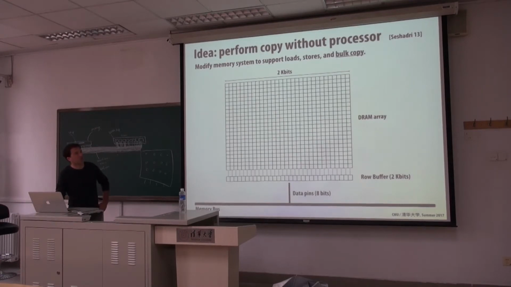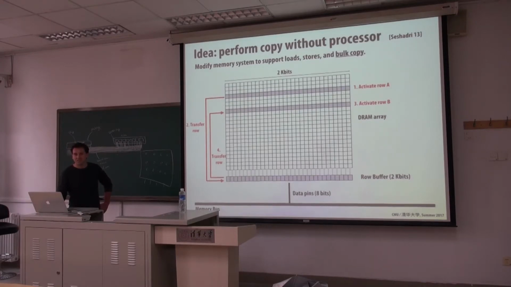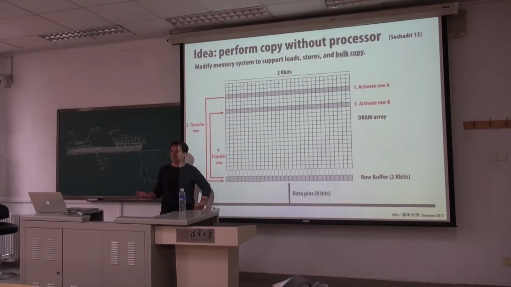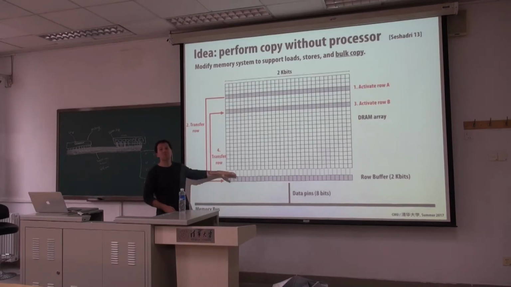For example, we know that if we want to read 2 kilobytes of data all at once, in 10 nanoseconds, we can activate the row and read that data down into the row buffer. Well, why not now activate a new row and store the data in the row buffer back into that row? So now I can do a 2 kilobyte memcopy without involving the processor or moving data over the data bus at all, because here I can move 2 kilobytes of data at a time.